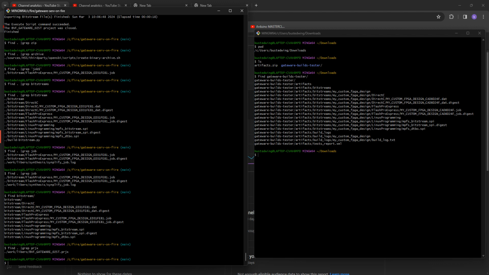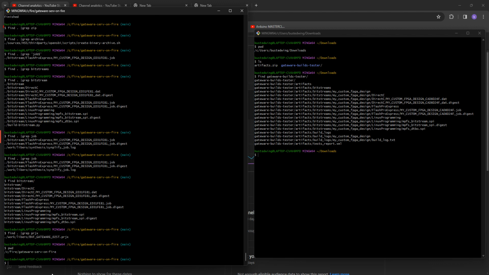And so let's go where we are. So we're in cFire, gateware serve on fire. And so let's try to bring up this Libero thing right now. And let's see how it does.